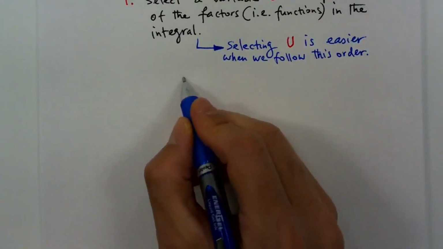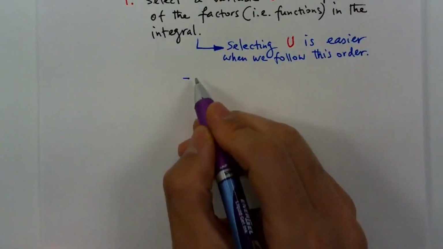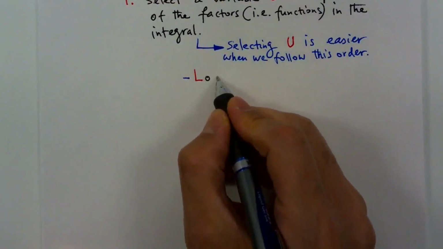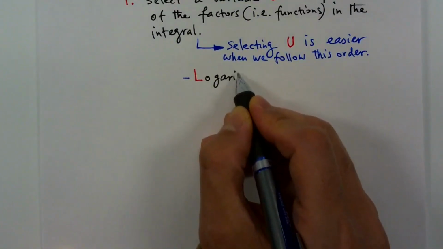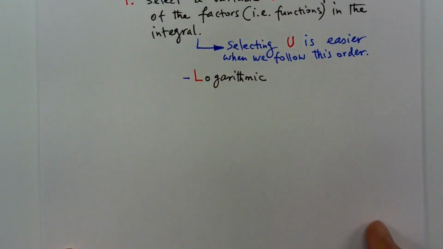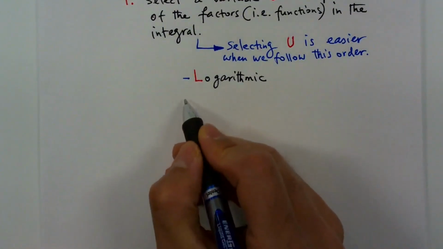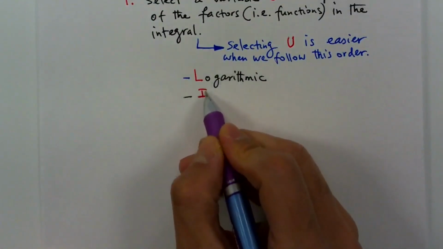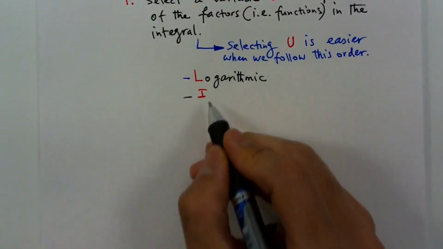So if you have a logarithmic function, you take that factor that is in log form or natural log form as the u. The second highest priority is an inverse trigonometric function.